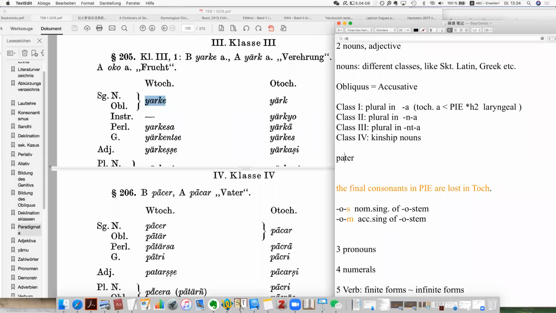To make it convenient, I just write pater, but keep in mind that this R in pater goes back to H2. So this is actually the stem, right?